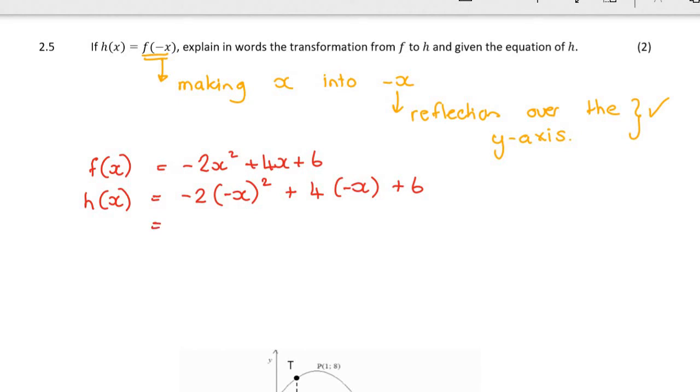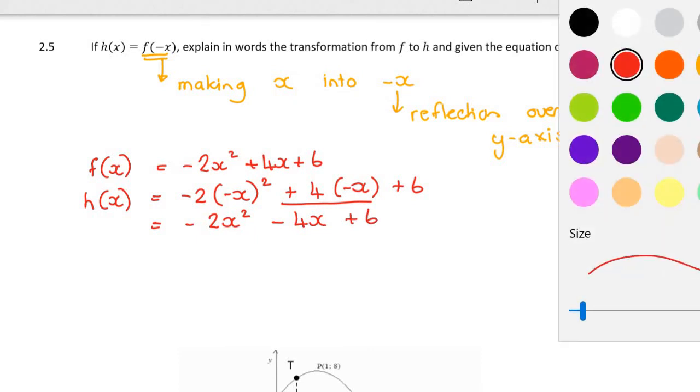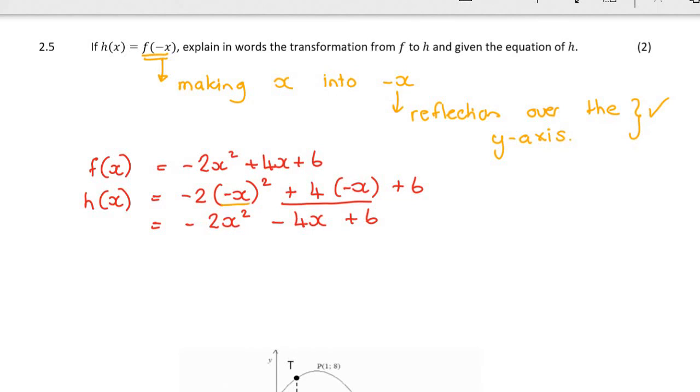Now, this actually can simplify because negative x squared is the same as x squared. But this second term is now minus 4x and then plus 6. So just note, please, please, please, that this negative x needed to be in a bracket because then you were squaring it. So that's h's new equation, and it was a reflection over the y-axis.